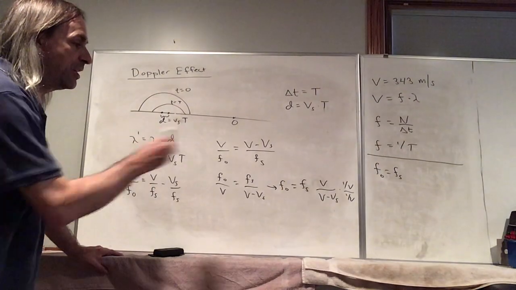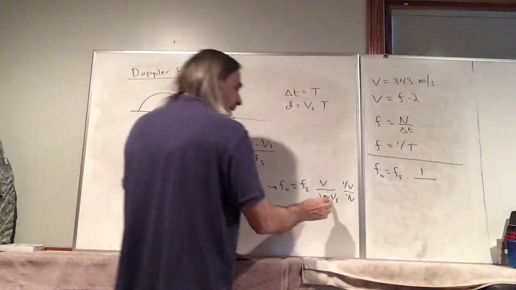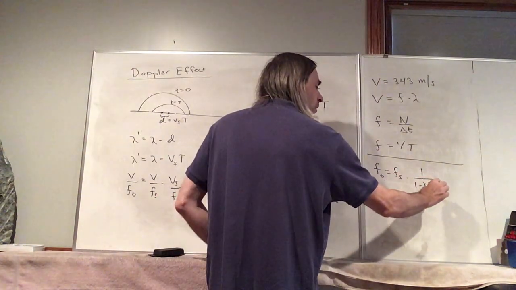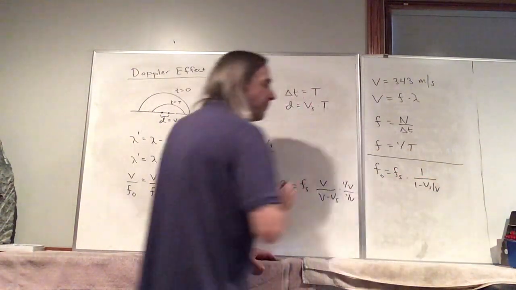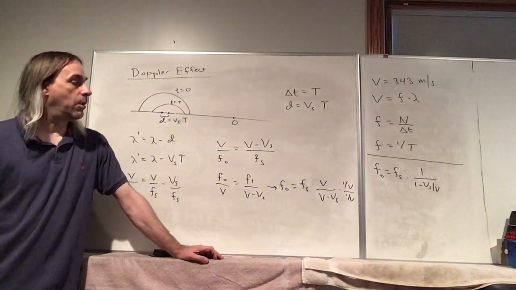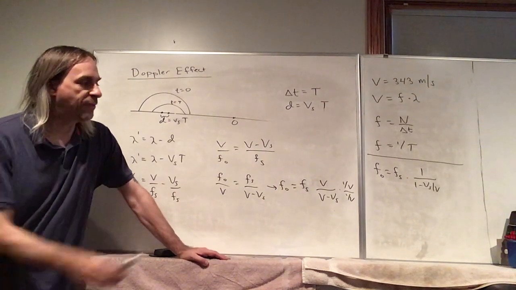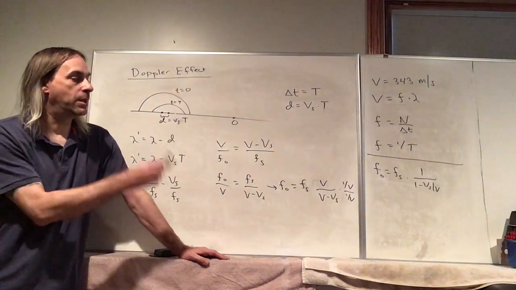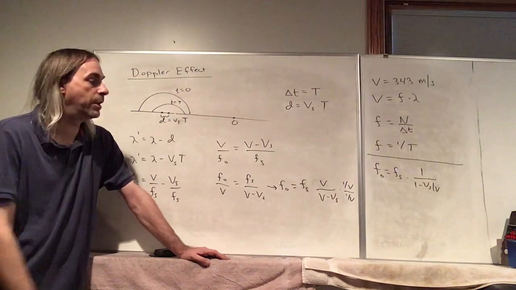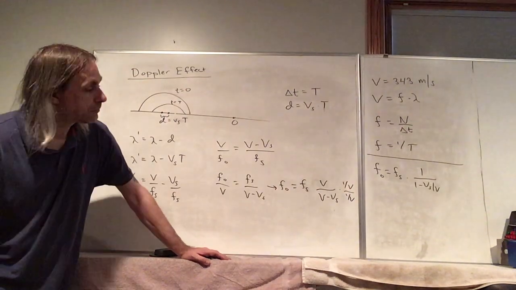So on top we just have 1, and on the bottom, V times 1 over V is 1. Okay, so that's the form the book would have it in. So why don't we do that last step, so we can write it in the same way. This fraction on the right is dimensionless. We have Vs over V, and those are both in the same units, so we just have a number.